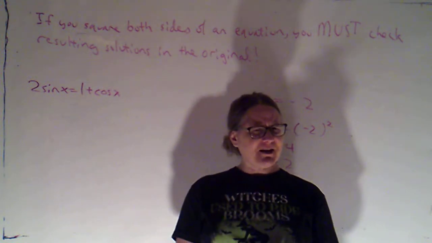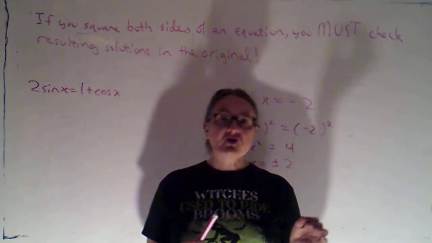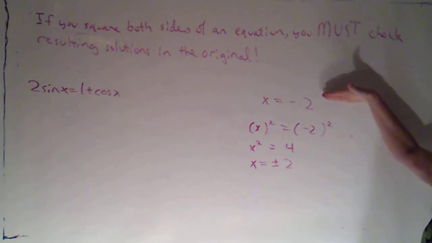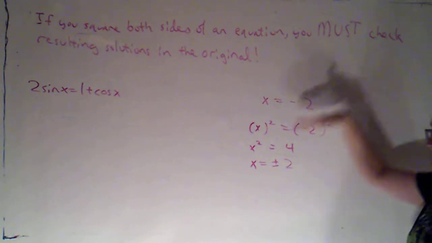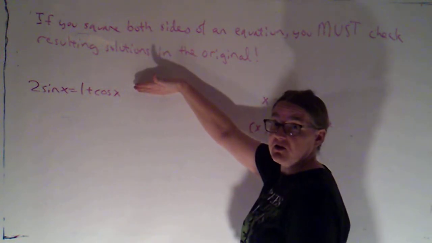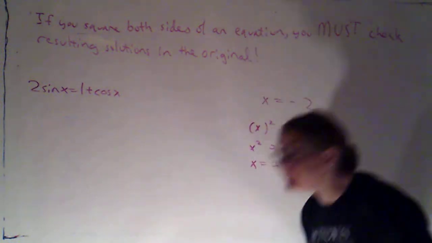But sometimes the information about the sign determines whether it's a solution or not. So if you square both sides, you will have to go back and check in the original equation. So we're going to square both sides of this. This is the original equation. Anything that we think might be an answer, we've got to plug back in and check.